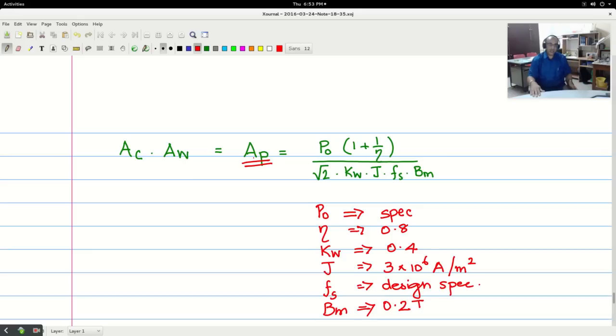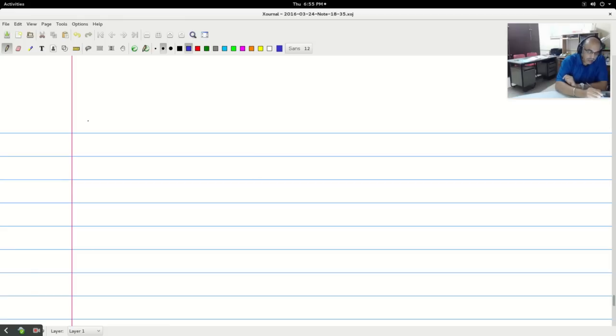So let us now list down, step by step, the design process for the transformer. First we start with P naught estimation. We know V naught and I naught, these are coming from spec, and you can evaluate the P naught value.